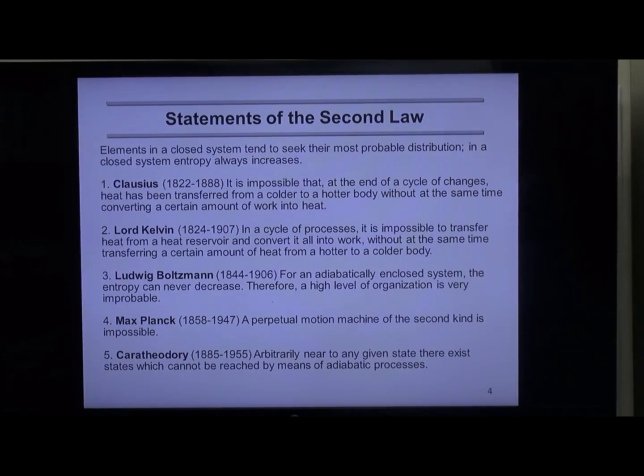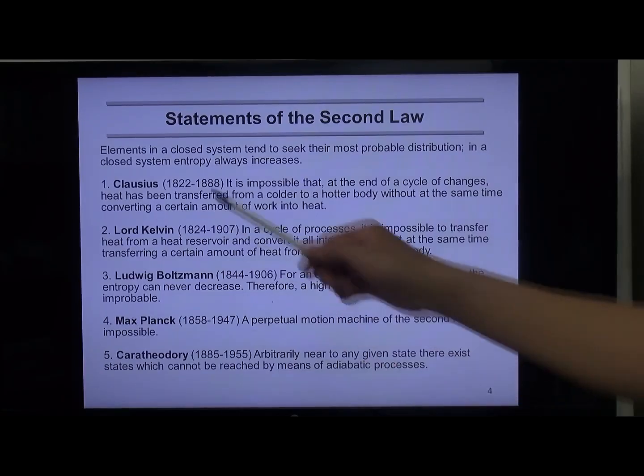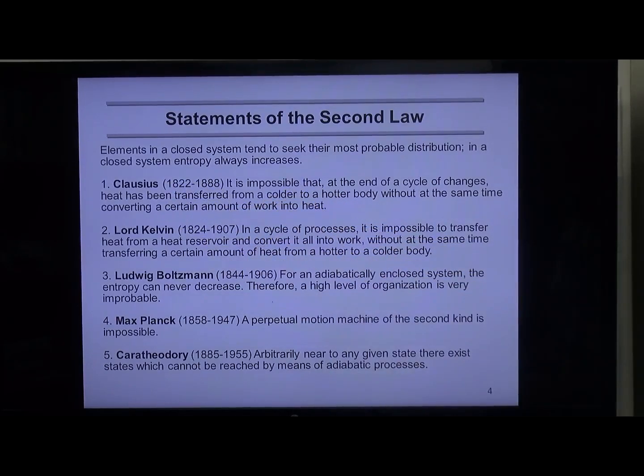Okay? There have been many scientists who described the second law of thermodynamics in different ways to describe the direction of spontaneous change. Some of them are given here. Let's consider only two representative ones, by Clausius and by Lord Kelvin. Okay.